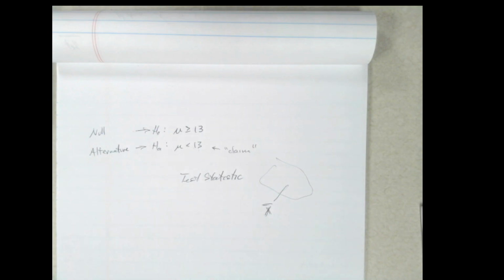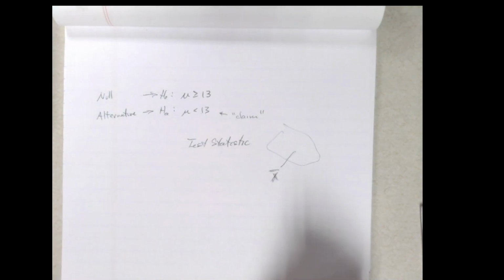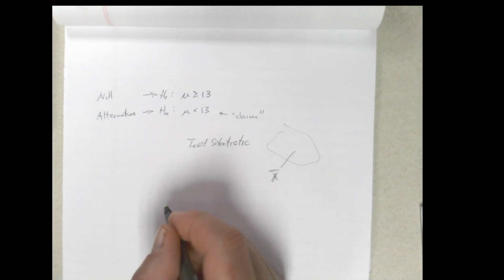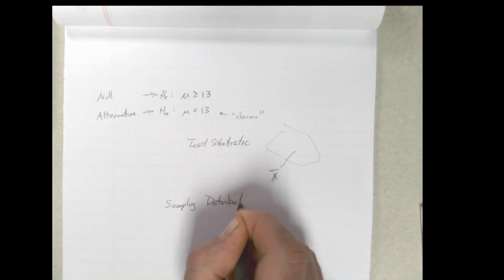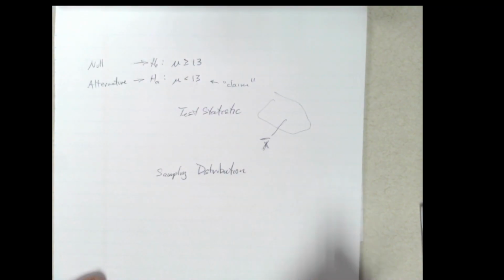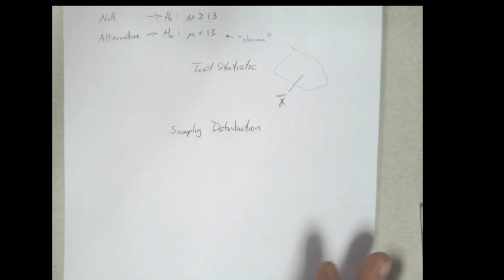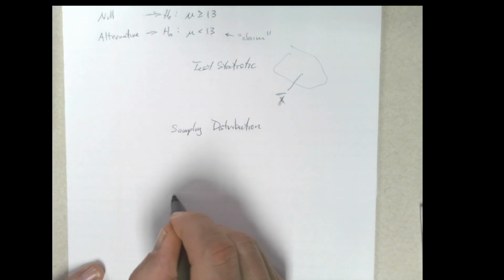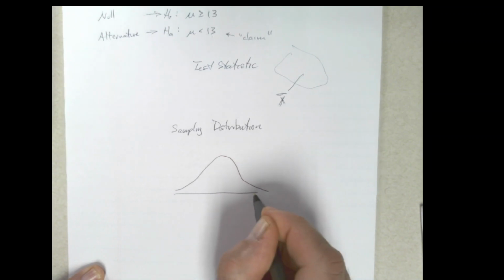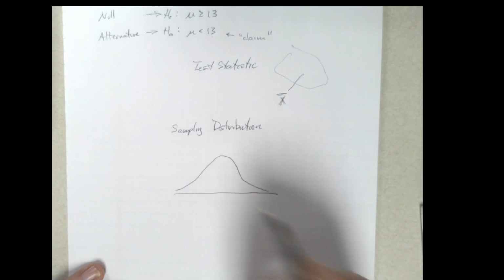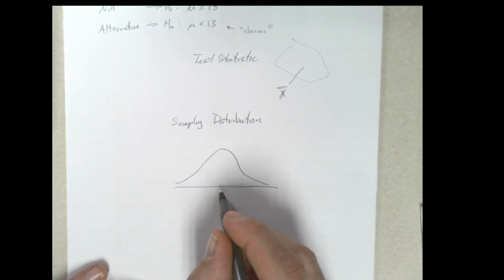Okay? So let's set this up. Just like the confidence intervals, it is based on the sampling distribution. From the central limit theorem, I know that the sampling distribution of the mean has a bell-shaped curve, a normal curve, if my sample is large enough, and it's centered on the true mean.